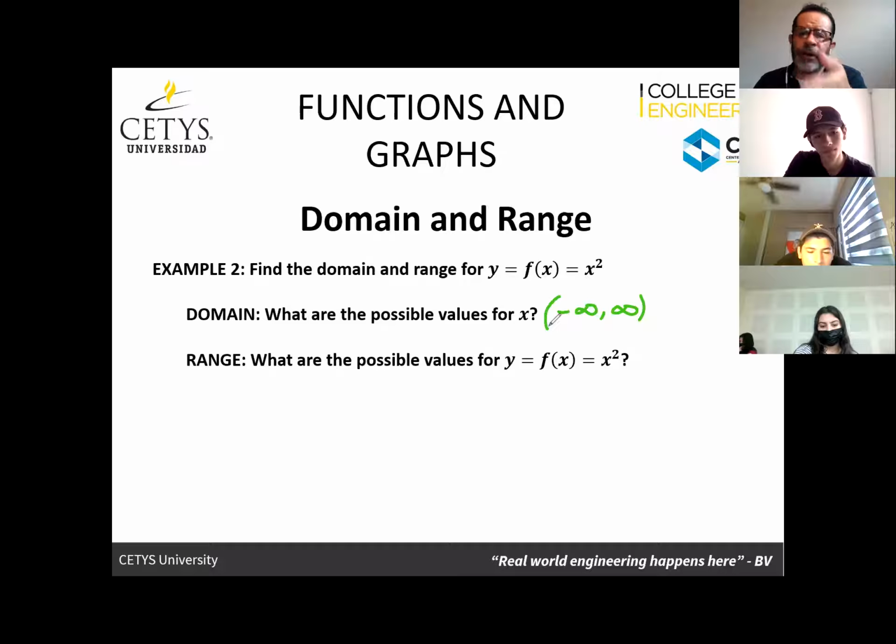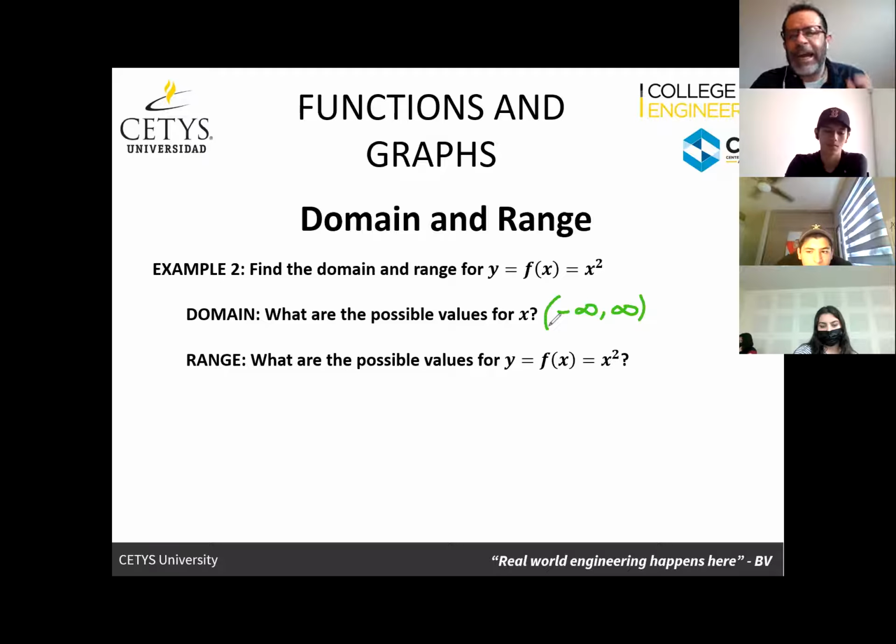Is there a denominator? Is there a quotient where we have variables in the denominator? No. So according to what I said previously, there are no restrictions, right? And since there are no restrictions, the domain is from minus infinite to infinite. Correct? Yes. Thank you very much, Gordon.